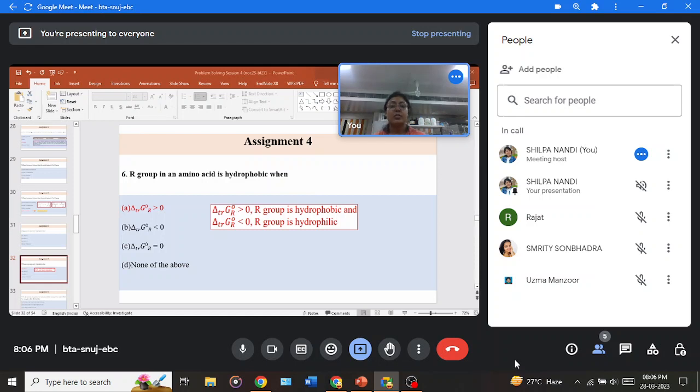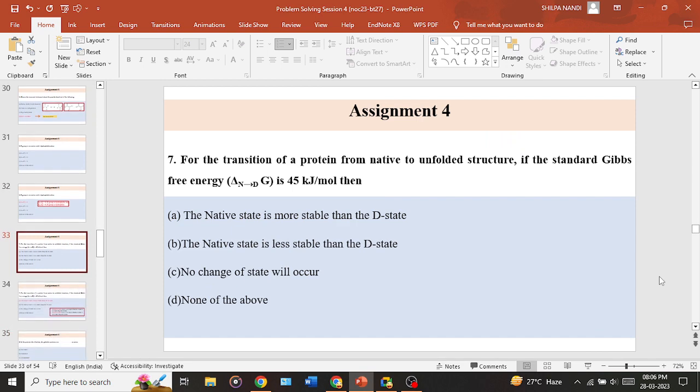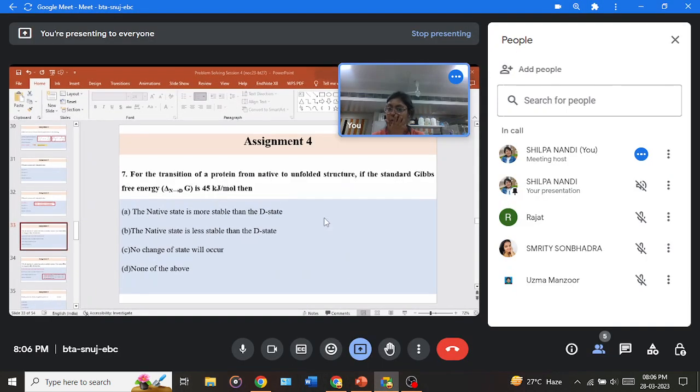Okay, let's move on to the next question, question number 7. For the transition of a protein from native to unfolded structure, if the standard Gibbs free energy, delta N to D G, is 45 kilojoule per mole, then option A: the native state is more stable than the D state.